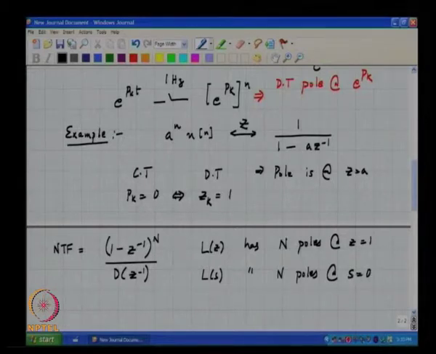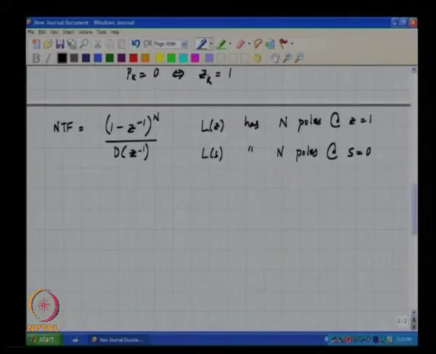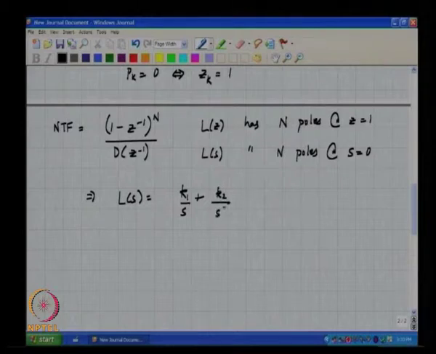Which means that L of S must be of the form k1 by S plus k2 by S square plus and so on up to kn by S to the power n.